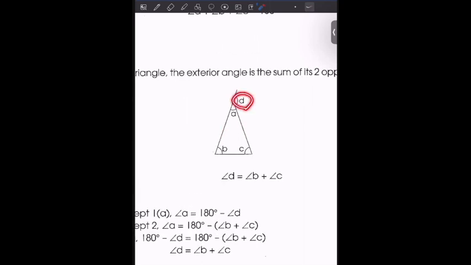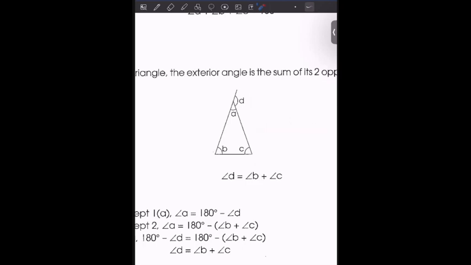So we have angle A, B, and C. Now, if we extend this side, we have an exterior angle that forms, and that angle is going to be D. So you can see that D is not a part of the triangle, so it's an exterior angle. And so the other two interior angles, angle B and angle C, are going to add up to angle D.